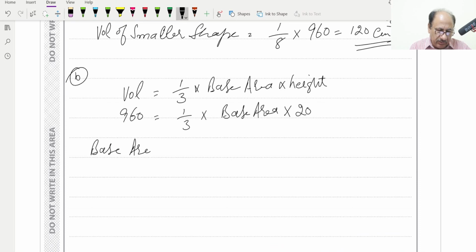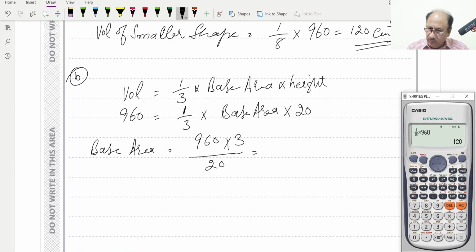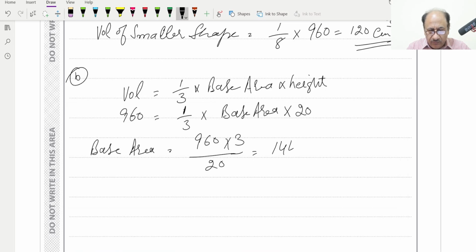Base area is equal to 960, and this 3 we can shift to the other side, so it will go as the numerator, divided by 20 which will be the denominator. This simplifies to 960 times 3 over 20, which gives us 144.